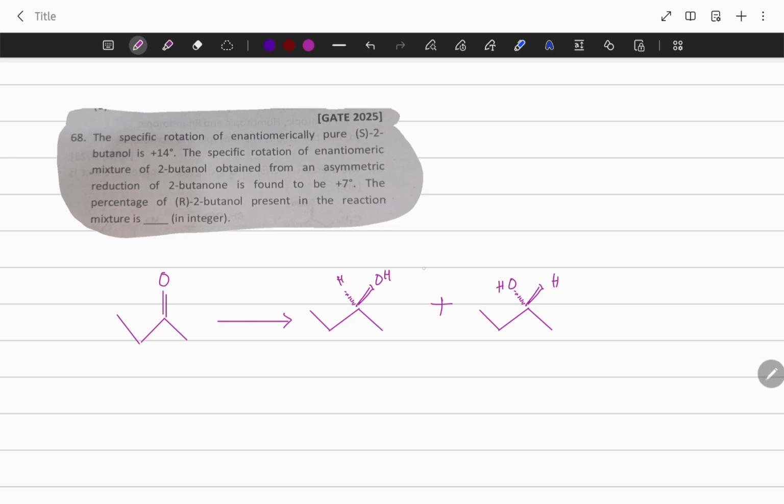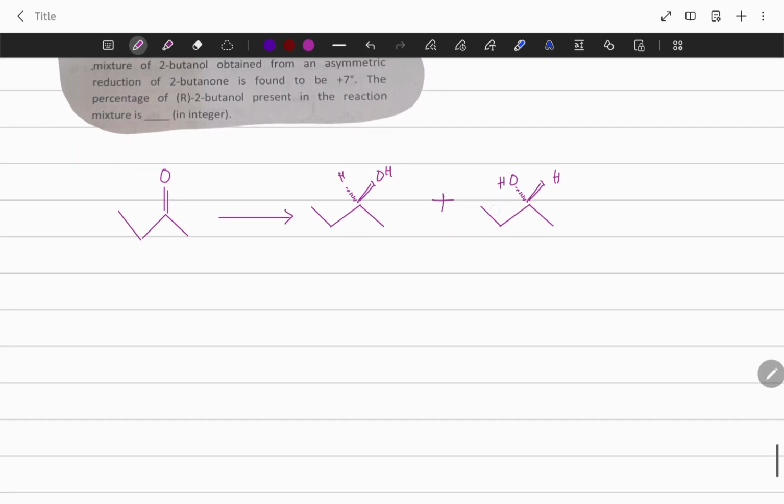Let's see which one is S. If you observe from this position, you will find H, CH3, C2H5.